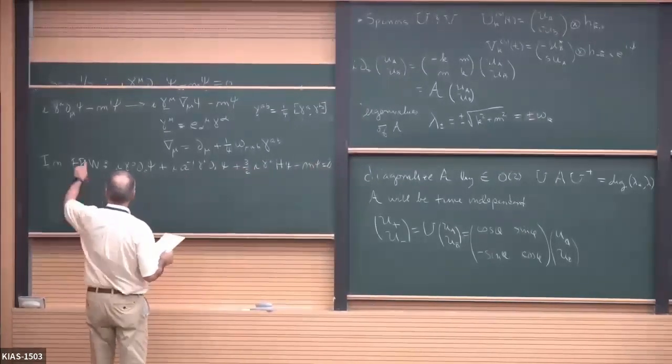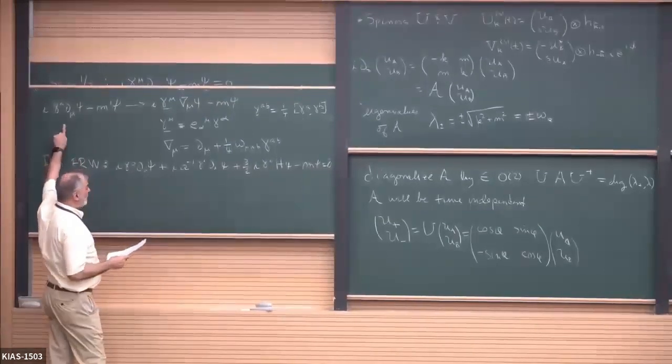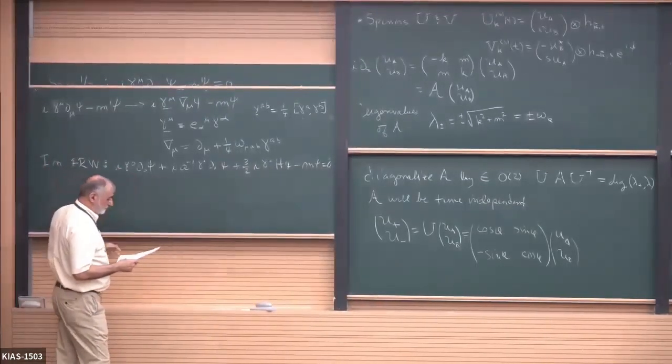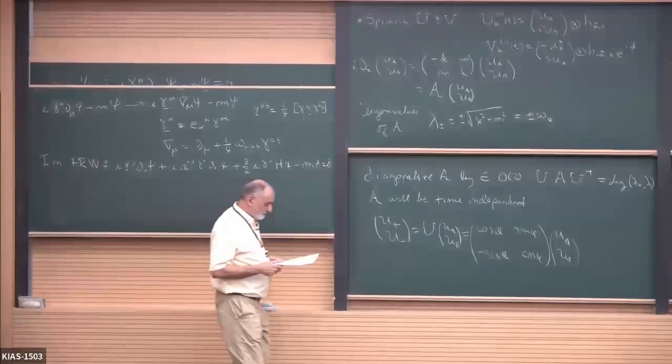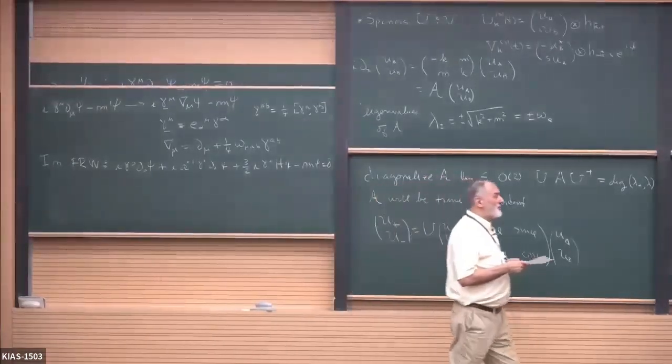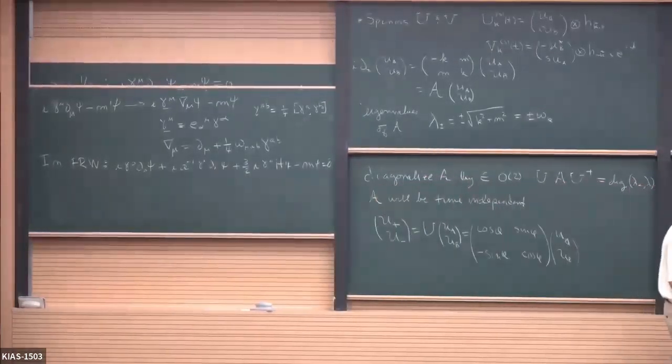So the Dirac equation in FRW is this. Well, just as with scalars, the kinetic term is not canonical.